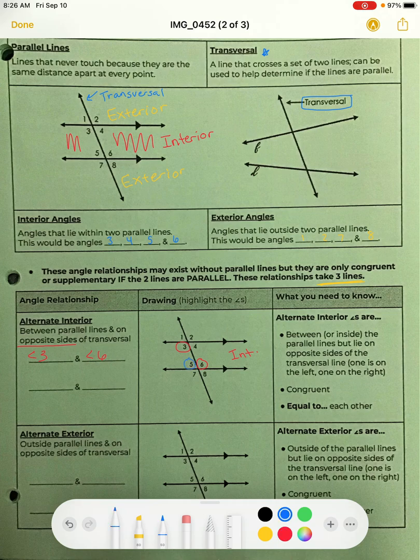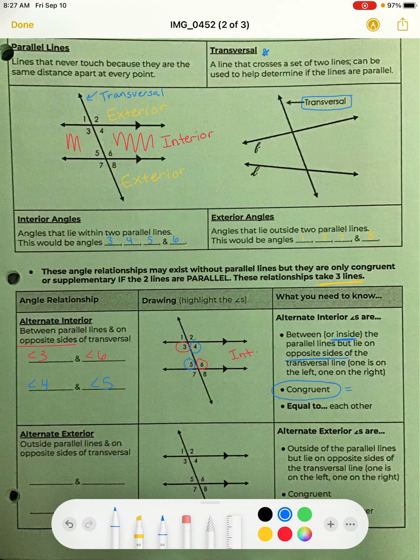Or we could use 5 and 4. So some key things: they are inside the parallel lines but lie on opposite sides of the transversal. They are congruent. These angles are equal to each other.